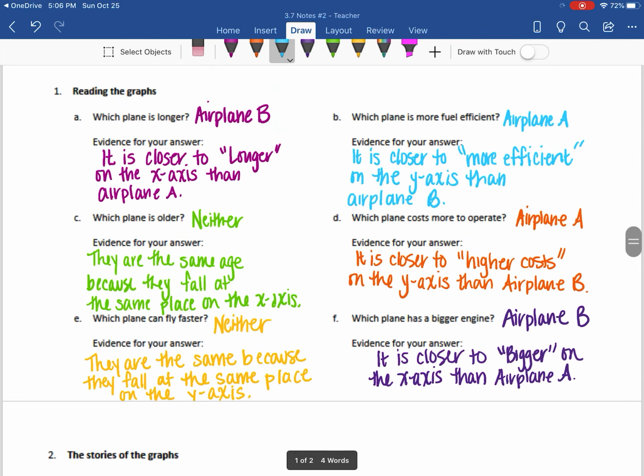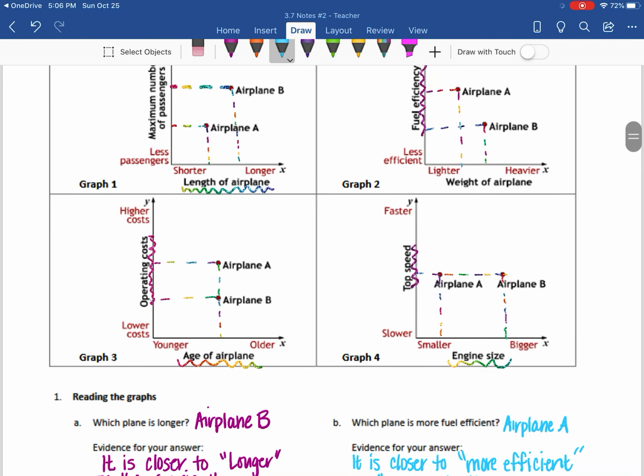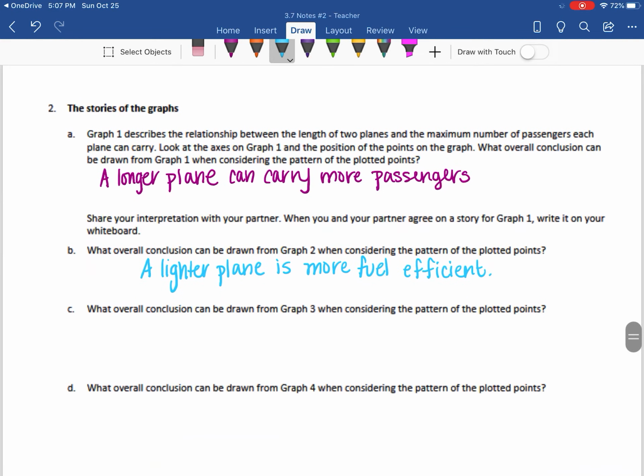Okay. What overall conclusion can be drawn from graph 3? We're talking about the age of a plane and the operating costs. Okay, so really the age is the same, but they have different operating costs. So there's really not a relationship. So what we can say is that age of a plane does not affect operating costs.